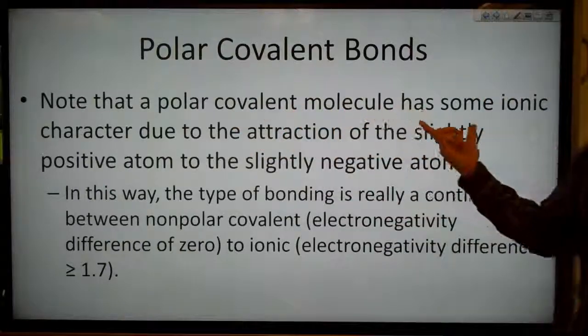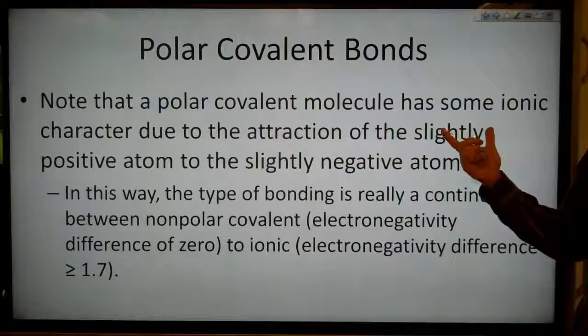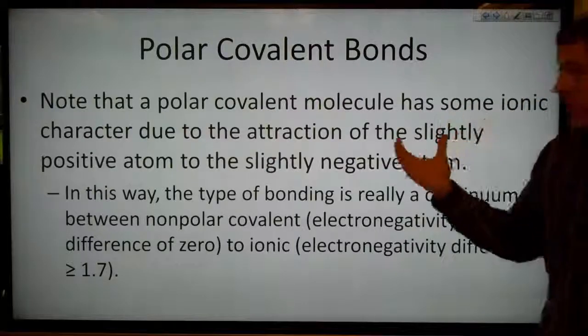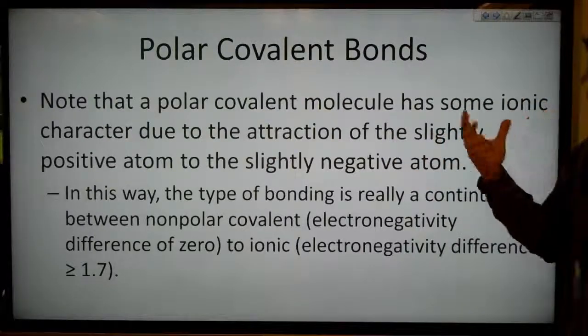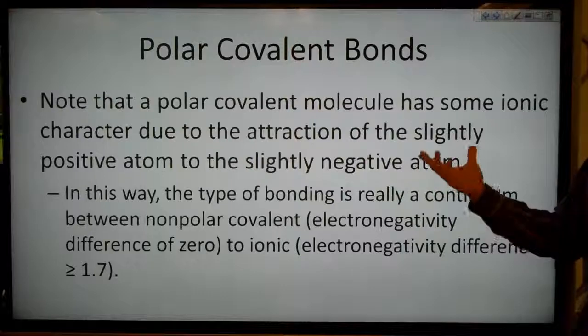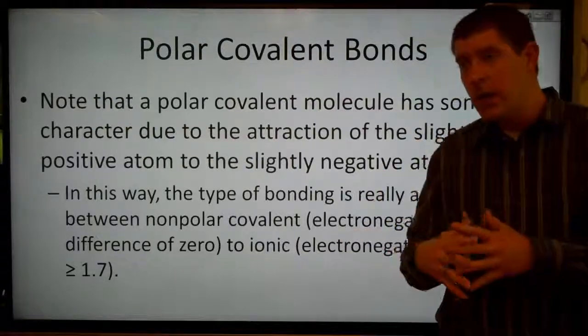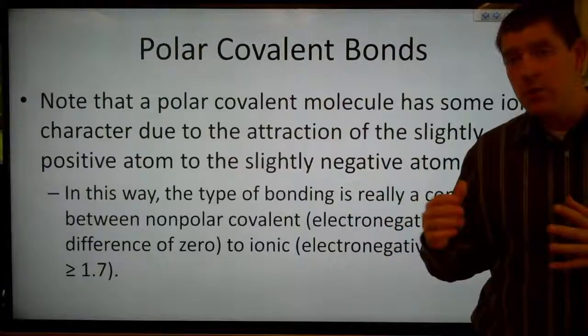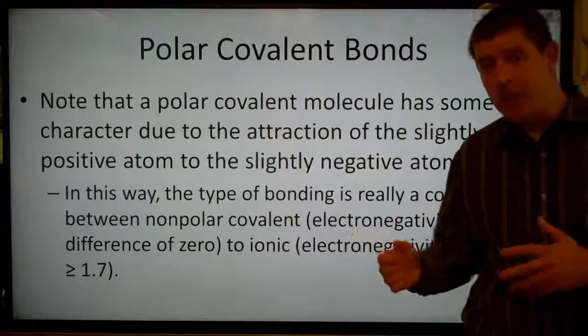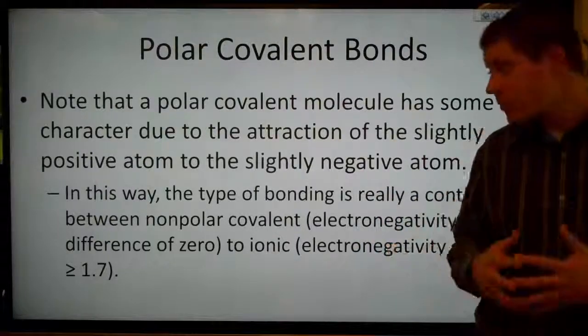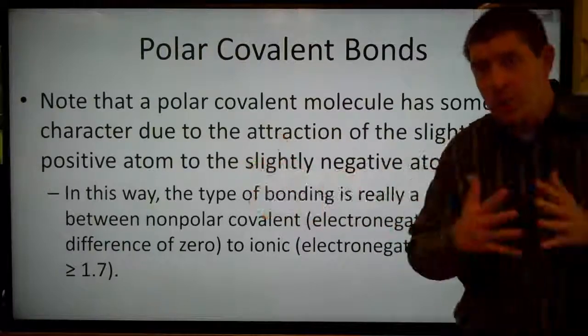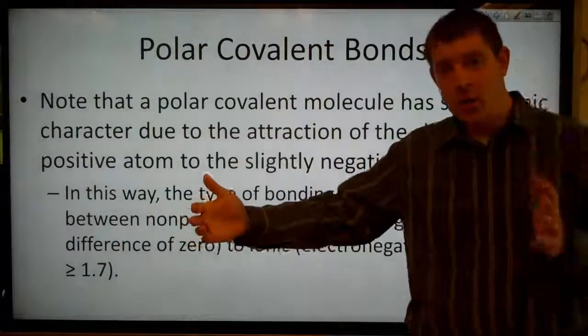So note that a polar covalent molecule has some ionic character due to the attraction of the slightly positive atom to the slightly negative atom. So there's not really a clear distinction between ionic compounds and covalent compounds. There's really a spectrum between totally ionic and totally covalent.